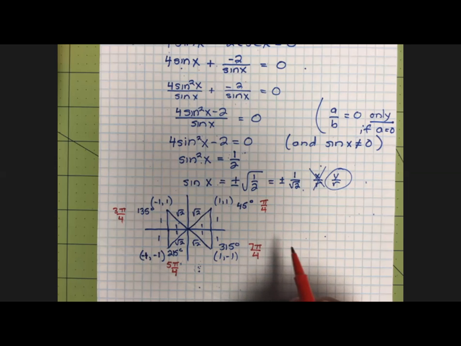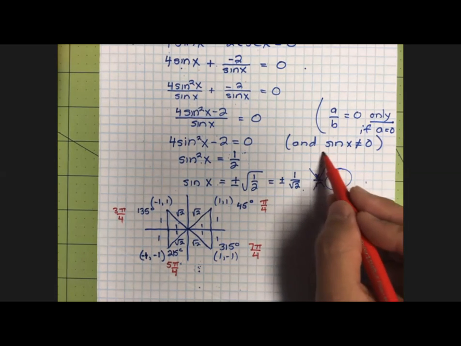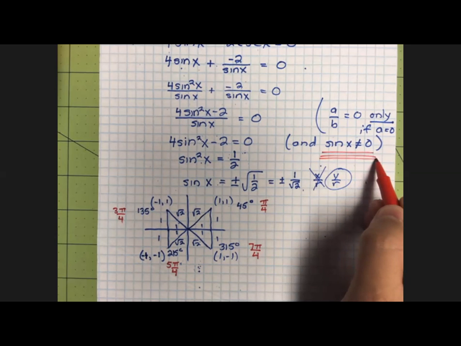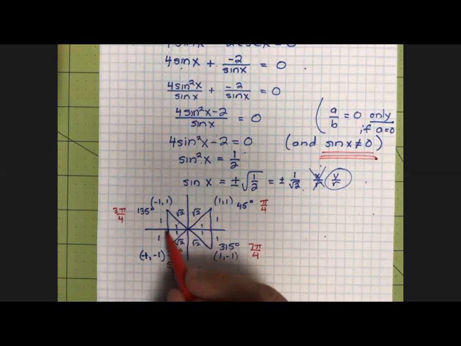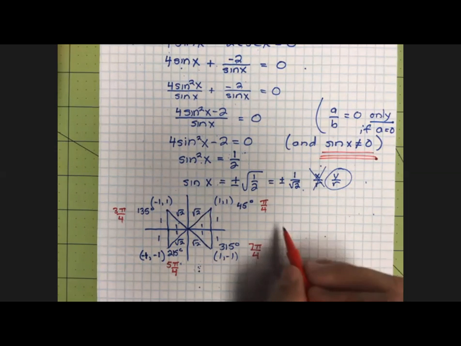Okay. Now I could take this and graph it and see what it looks like. Now I cannot allow sine x to be 0. I got to remember that. But sine x is not 0 in these 4 places. So I'm good.